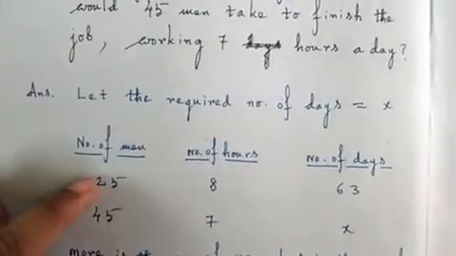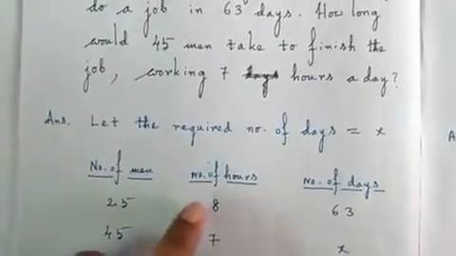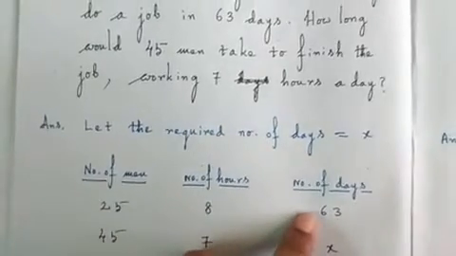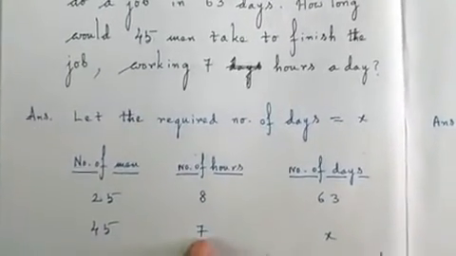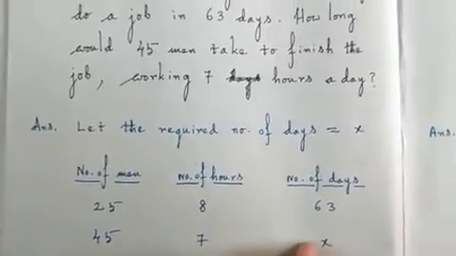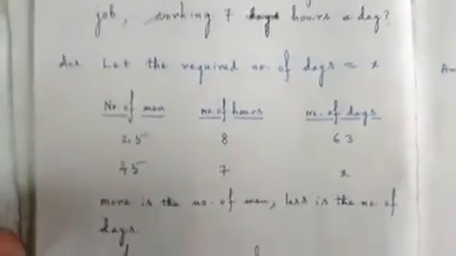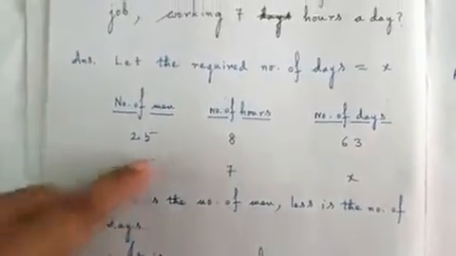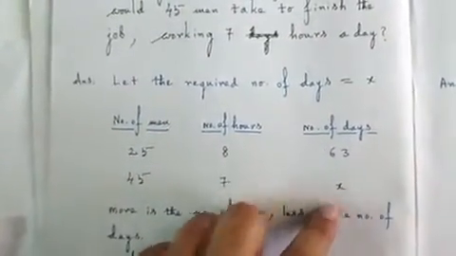So in the first line, all known things will come. 25 men would take 8 hours a day to complete the job in 63 days. 45 men would take 7 hours a day to complete the job in an unknown number of days, X days. So this is the second line, which has the unknown value for this physical quantity.